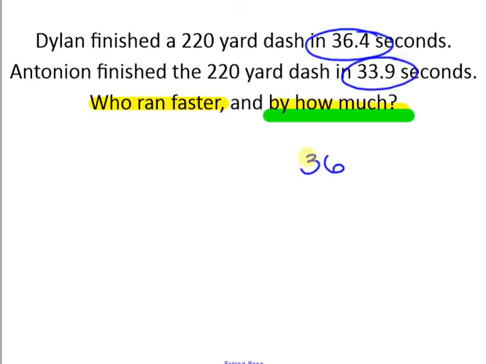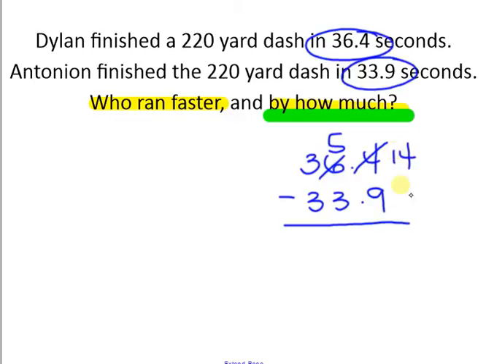So 36.4 minus 33.9. 4 minus 9, I can't do it. So I'm going to borrow. The 6 becomes a 5, and that 4 becomes a 14. 14 minus 9 is 5. Bring down my decimal. 5 minus 3 is 2, and 3 minus 3 is 0.